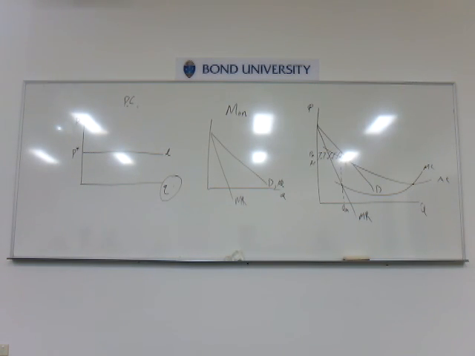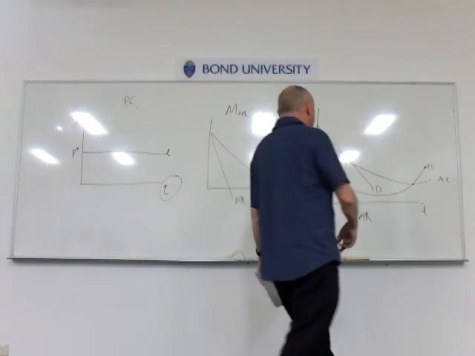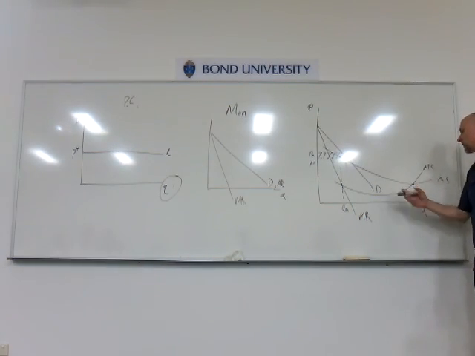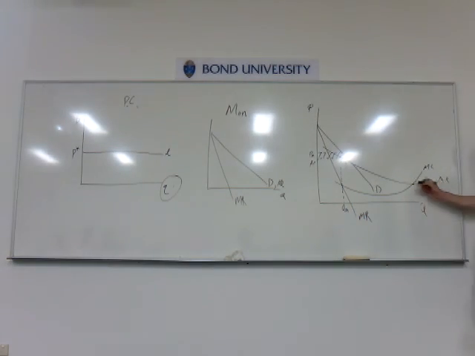So what's that under the price of the monopoly? Average revenue? Yes, that's right, average cost. Yes, so we've got an average cost curve there. When it's declining, the marginal cost is below it. When it's increasing, the marginal cost is above it. Okay.